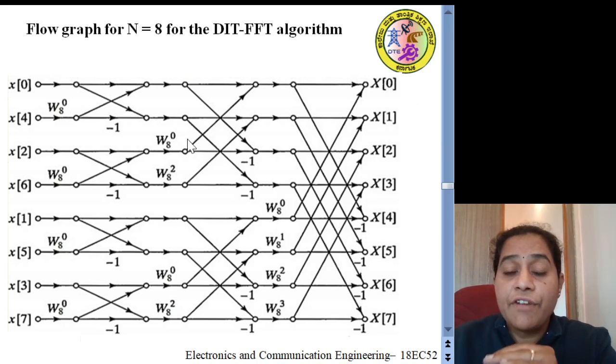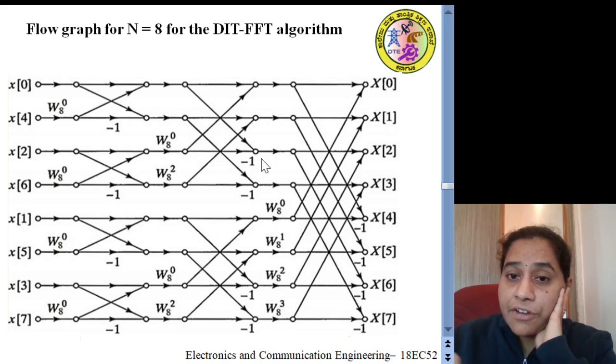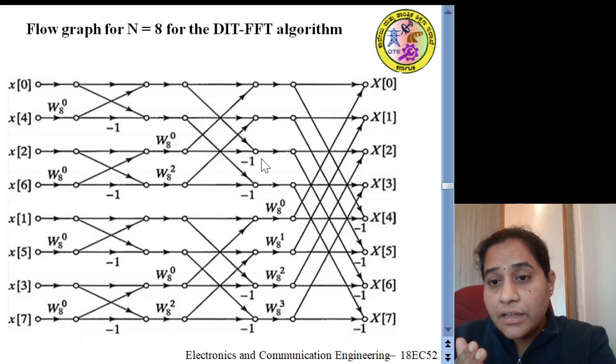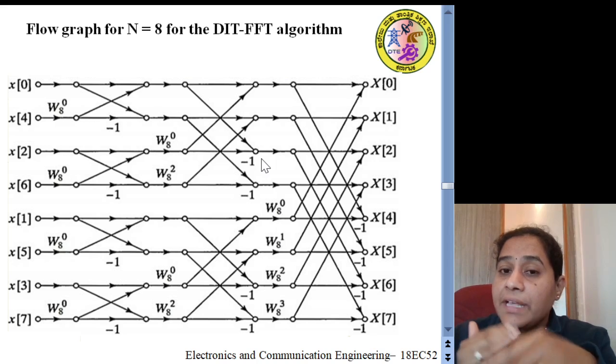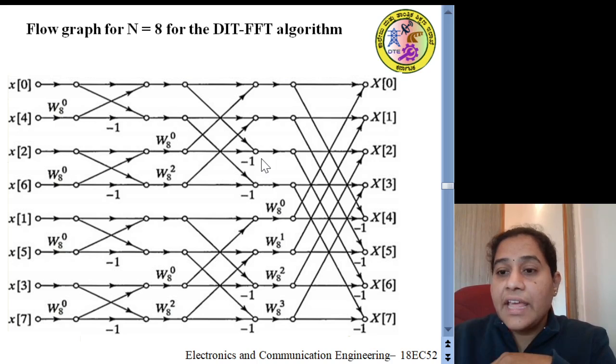According to the steps for converting this to the DIF FFT algorithm for IDFT computation, we have to reverse the direction, then change the power of the Twiddle factors. Then we have to replace x of n by x of k and x of k by x of n. Then we have to multiply all the output samples by the factor 1 by n.